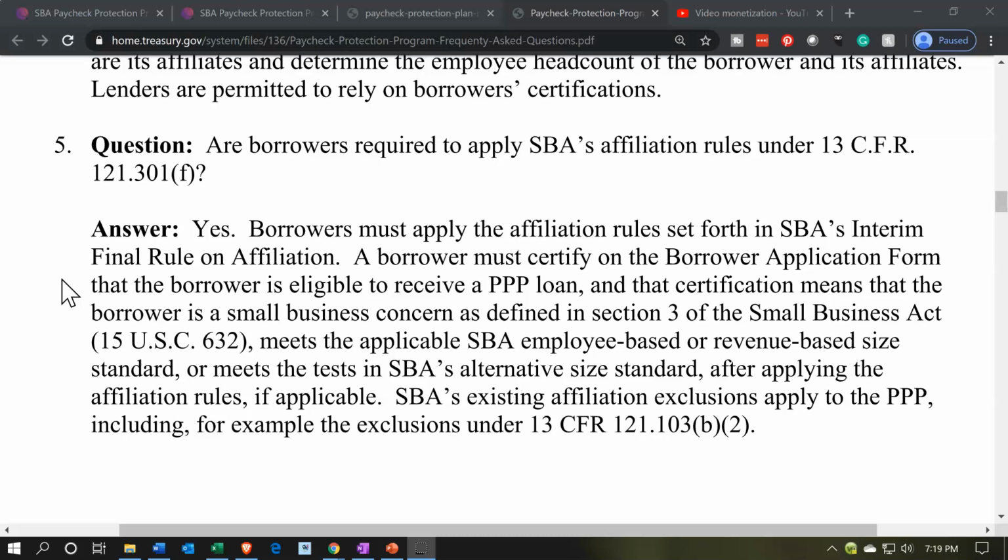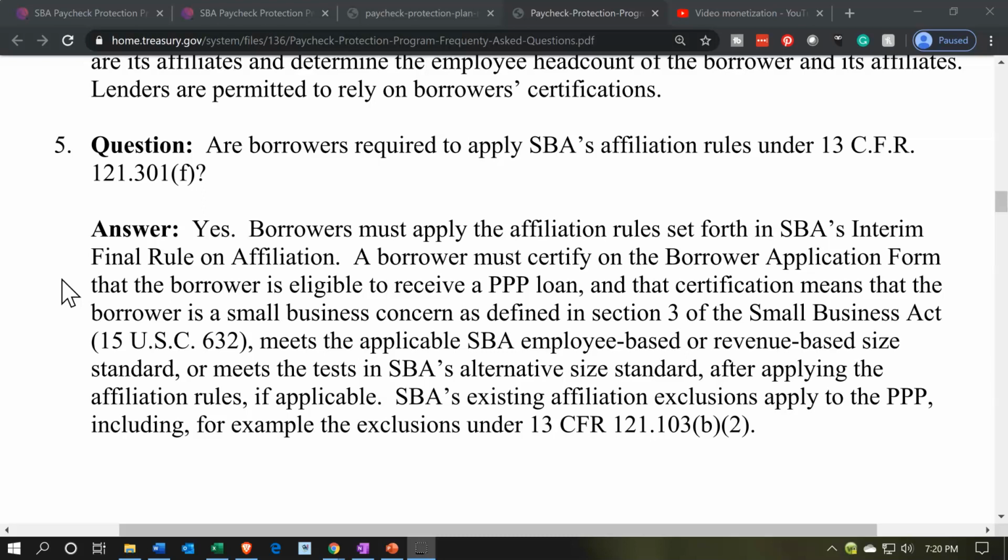A borrower must certify on the borrower application form that the borrower is eligible to receive a PPP loan, and that the certification means that the borrower is a small business concern as defined in Section 3 of the Small Business Act, 15 U.S.C. 632, meets the applicable SBA employee-based or revenue-based size standard, or meets the tests in SBA's alternative size standard after applying the affiliation rule, if applicable.